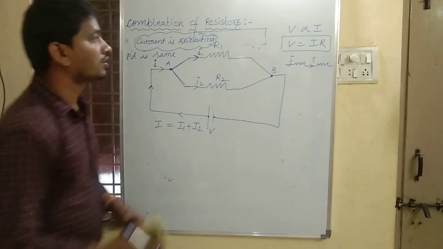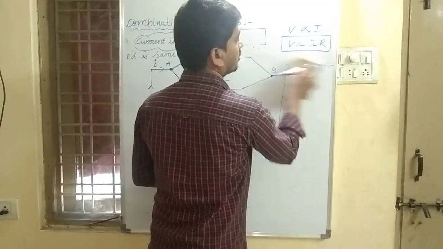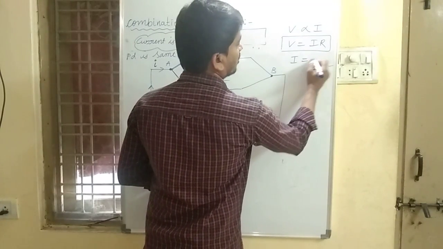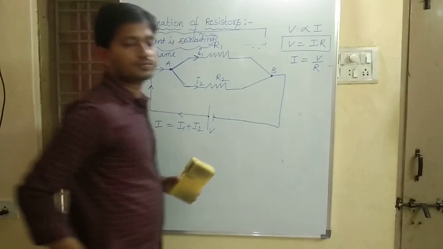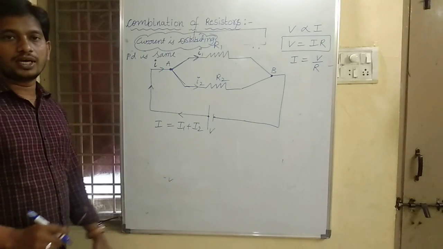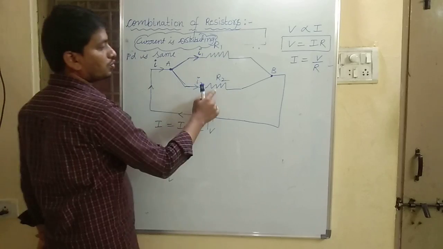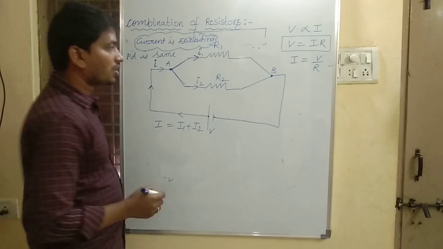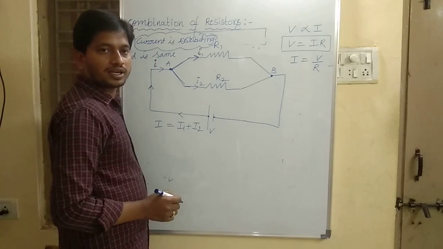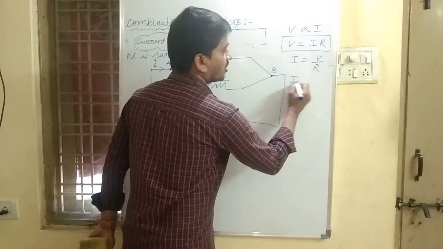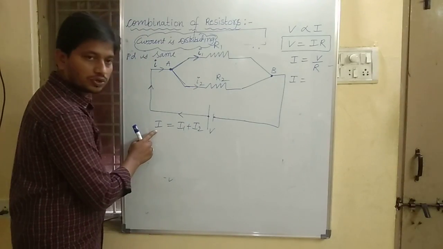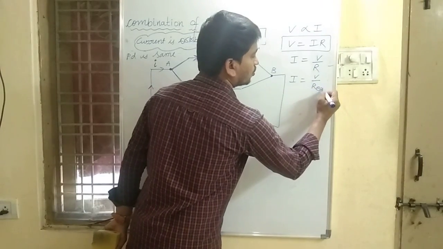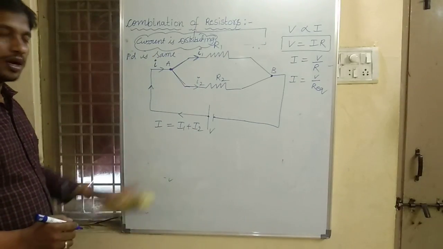Ohm's law is V equal to IR, so I equal to V by R. When I combine these two resistors, I get equivalent resistance, called R equivalent. So I equal to V by R eq.